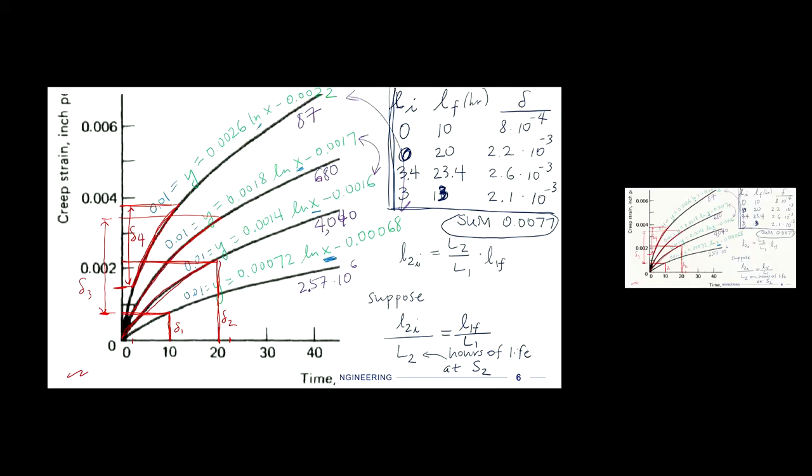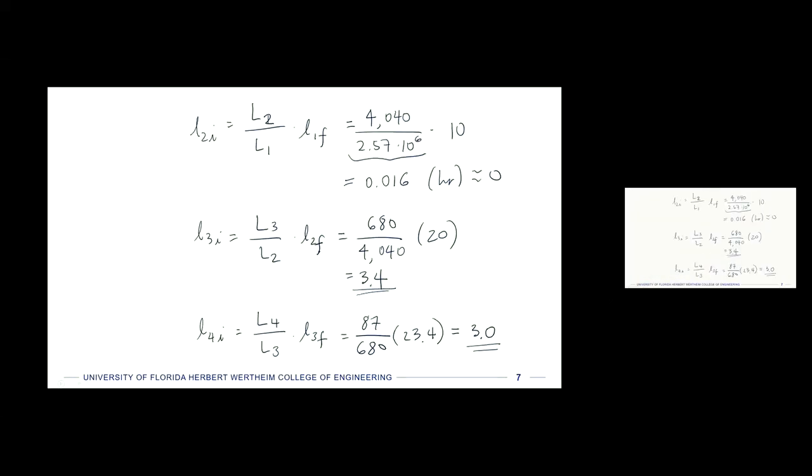So in this case, we could say that based on the data we're given and based on the stress series that we were given, the life hardening is the most conservative. We predicted the highest creep strain. So then if we had to extend that out, it would be the shortest life.